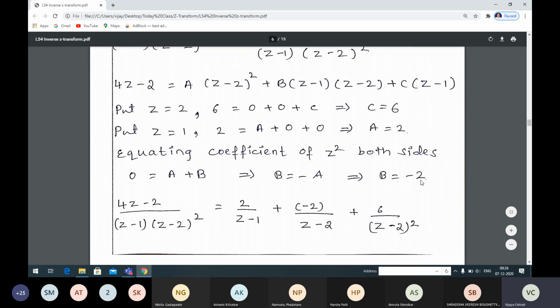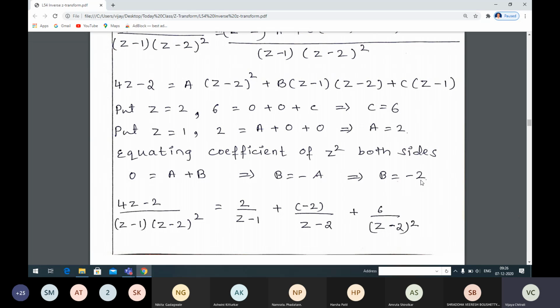Now we have A as 2, B as minus 2, and C as 6.